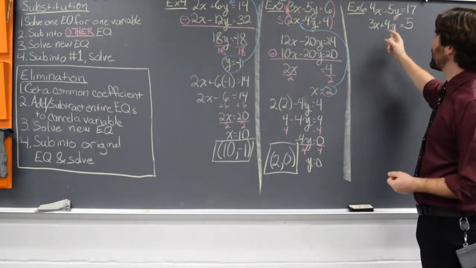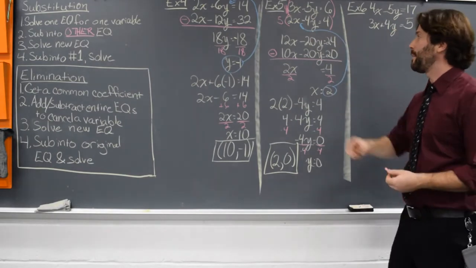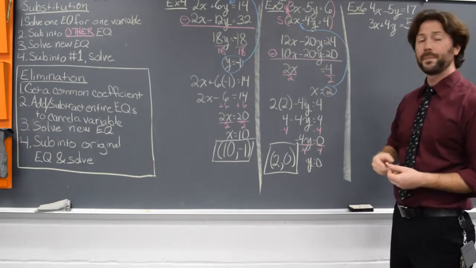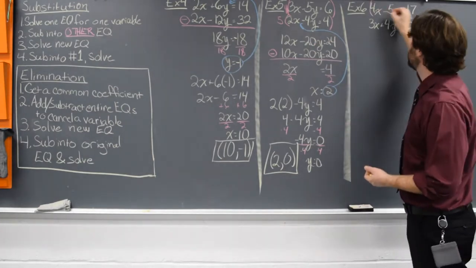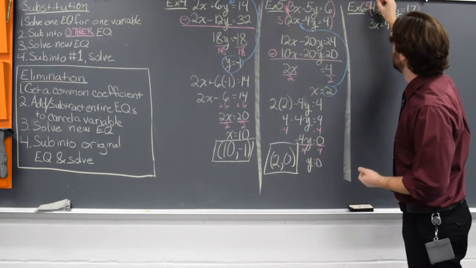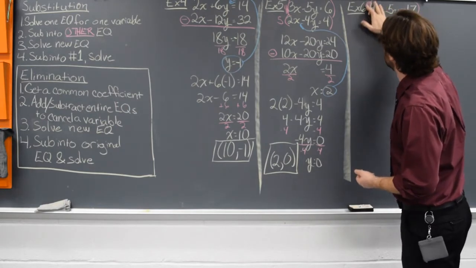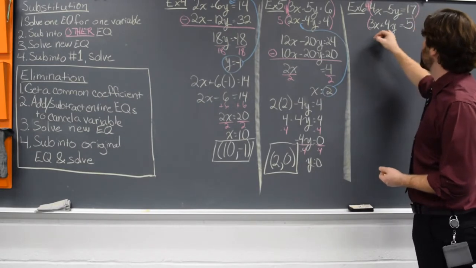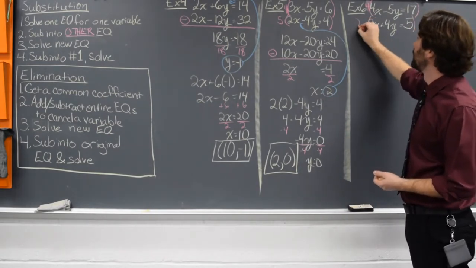So I see the 5 and I see the 4, and just like last time, I need to make those both a common number. So the common multiple between 5 and 4 is 20. So I'll multiply the top equation by 4, and I'll multiply the second equation, in order to turn 4 into 20, by 5.